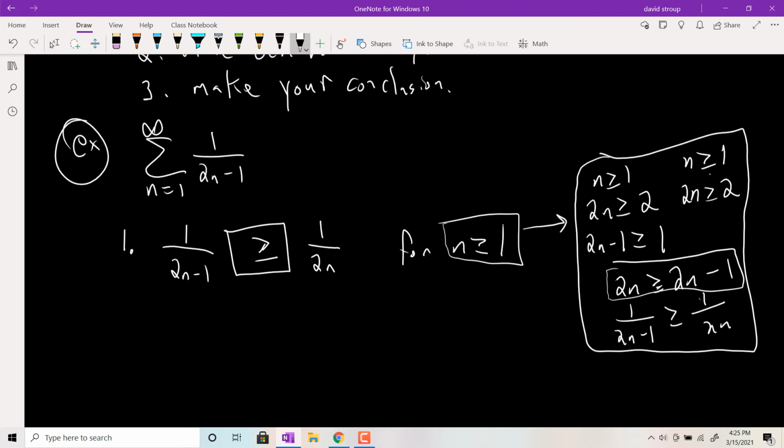So 2n is clearly greater than 2, which is then greater than 0. So if you start with something positive, and you subtract away anything, it's going to make it smaller. So yeah, 2n is definitely greater than or equal.